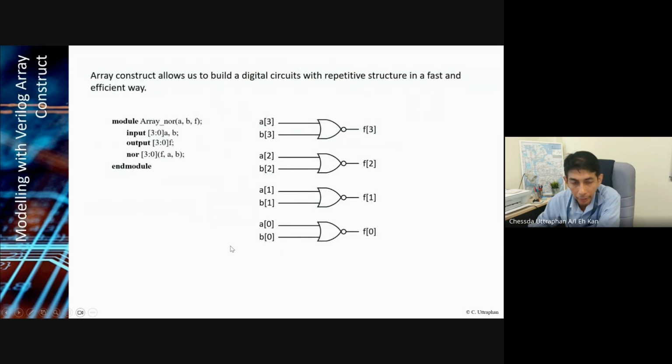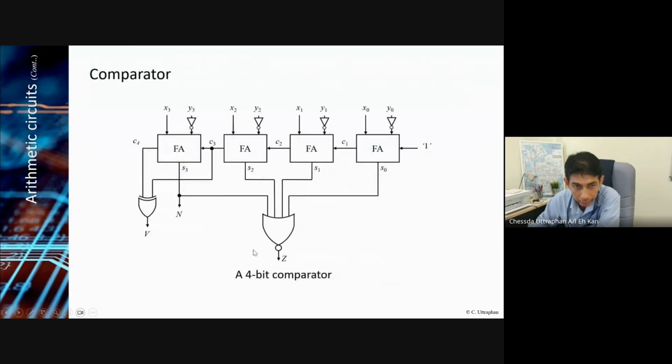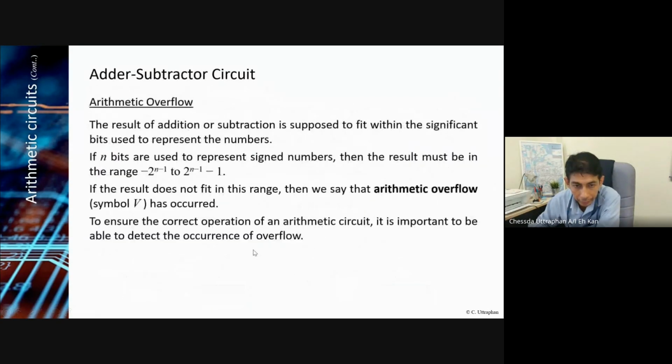And we will look at how to create an array construct, to create a repetitive circuit in a very simple way, okay? Create a bigger adder, for example. Today we learned how to create an adder, right?